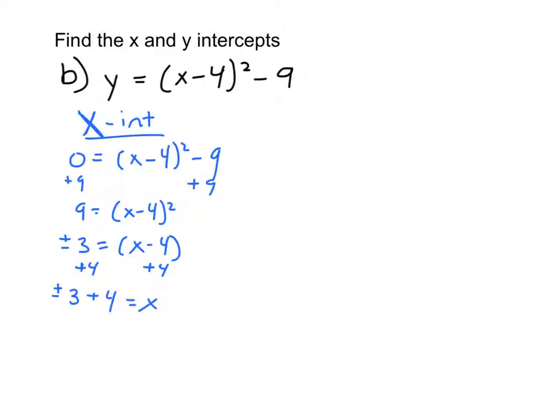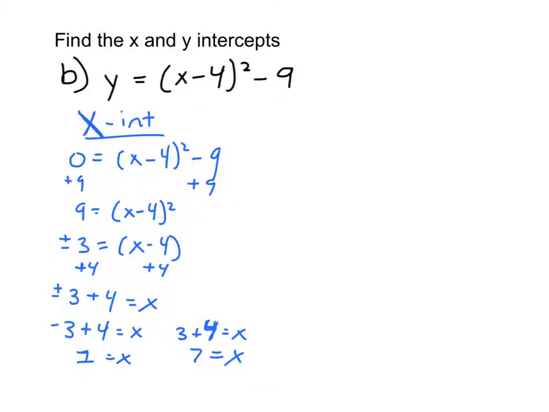Let's break this down into two different pieces. Let's first start with the minus, and then we'll also do the plus. Negative 3 plus 4 is 1, and 3 plus 4 is 7.